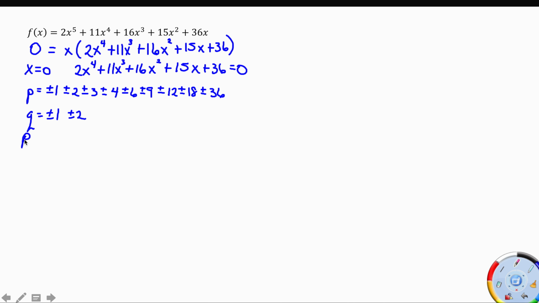Okay, that means possible zeros are of the form P over Q. I'm going to take all of these numbers and divide them by all of these numbers. Well, when I divide them by 1, it gets me that same list. So first of all, I'm just going to write the list up.